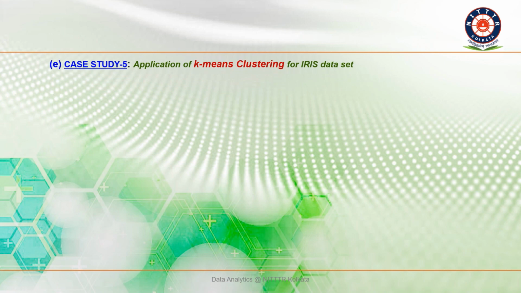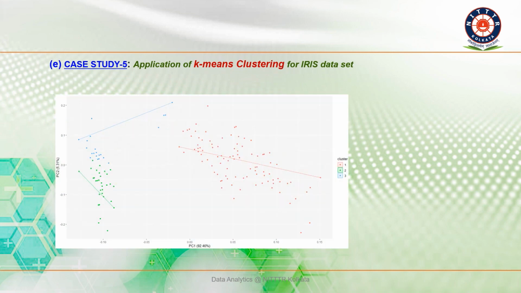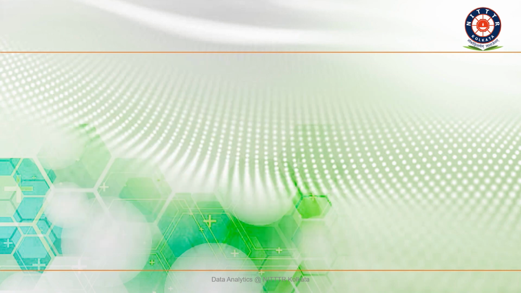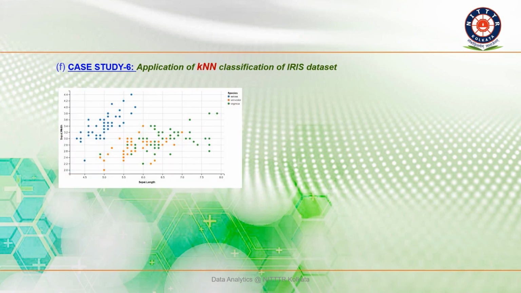By applying k-means clustering, we can again classify the iris data. We have already used the iris data in the previous slide. From the scatter diagram you can find 3 different colored dotted data points forming 3 different clusters, and that is how k-means clustering is also applicable. Now we are applying the k nearest neighbor classification technique for the same iris data.